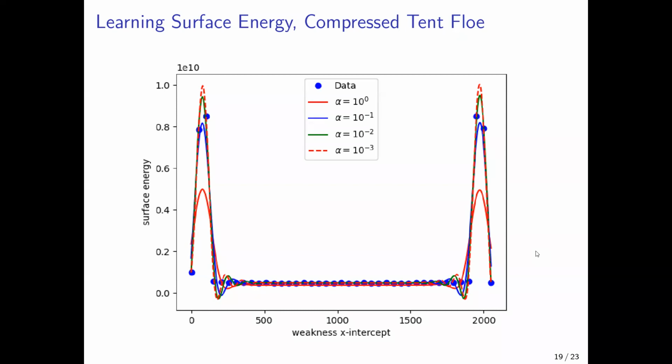But if you look at the very base of these paraboloids, you see a ringing effect in the middle of the domain. If you wanted to make a prediction around that area, you might misclassify, or you might say that there's a lot going on there, because from what we see in the data, it's a very flat region. But because of the regularity parameter and the overfitting, we end up with these ringing effects.